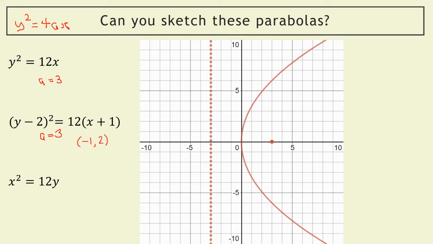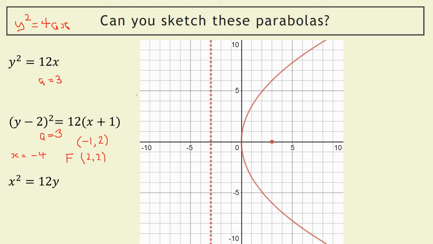That tells us where our vertex is. We know our focal length is 3, so we go 3 further along to get to our focus. So our focus is at (2, 2), and our directrix will be 3 further back from our vertex, so x equals minus 4.